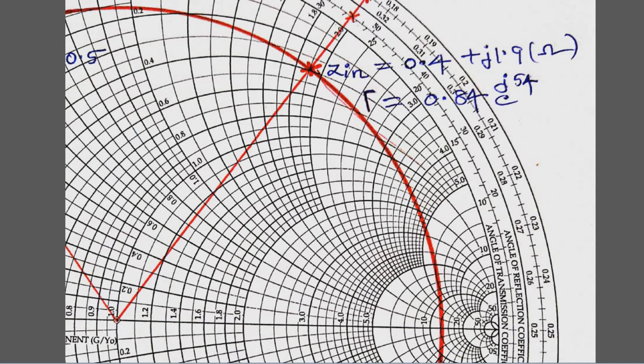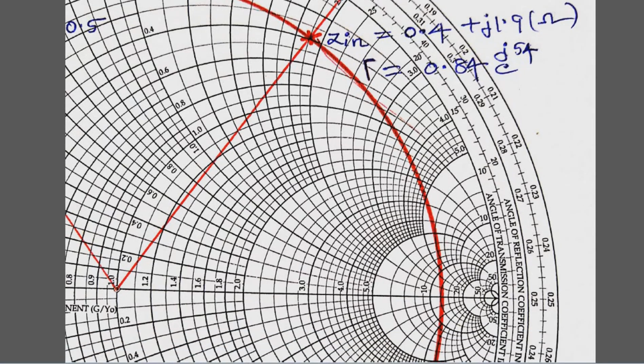We found the VSWR and reflection coefficient. Then we went through the reflection coefficient, angle of ZL and wavelength of ZL, where ZL is existing. Then we moved towards the generator. Then we found Z in, the reflection coefficient of Z in. If you extend these lines we will get admittance.